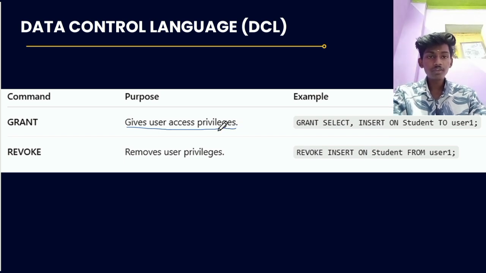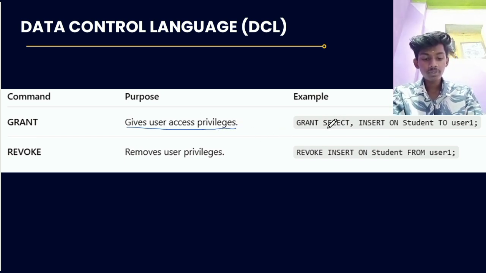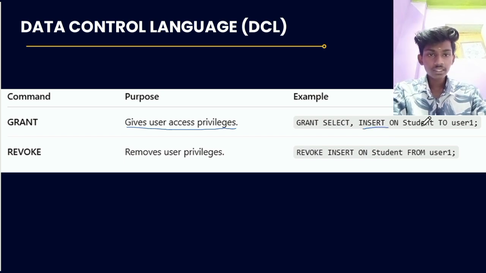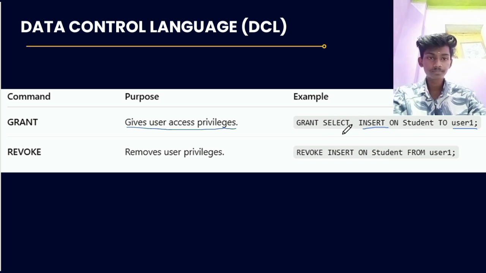Grant: giving permission to the user to perform a specific task that can be operated in the database, like select, or we can give view, write and read. Syntax of grant: grant privilege name on object name to user name.